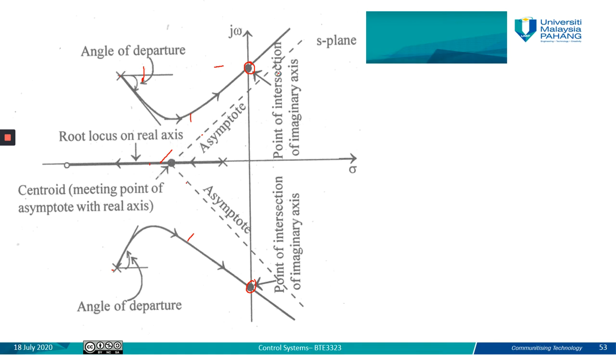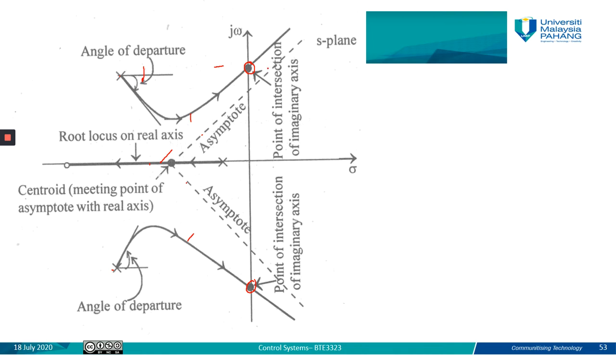As we mentioned previously in chapter 4, there are 3 main criteria. One is related to the transient response, one to stability, and the third to the steady state response. So actually from the root locus we can know more than stability.